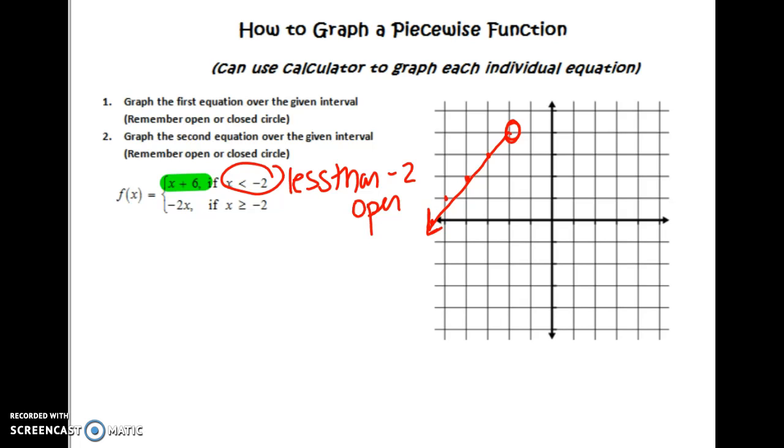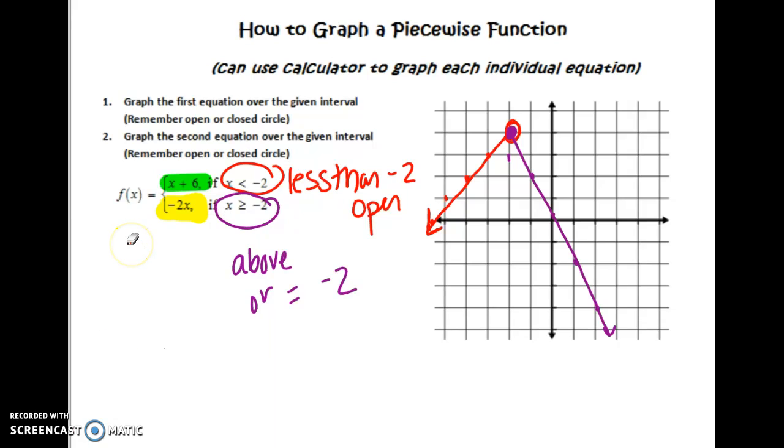Then I'm going to graph this one. What's the b? I'm going to start at 0, down 2 right one, up 2 left one. In this case it says above or equal to negative 2. So here's negative 2, and everything greater than it is to the right of it. I colored this one in because it was or equal to.